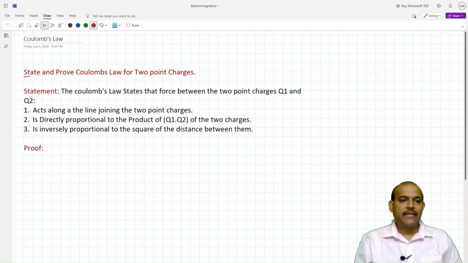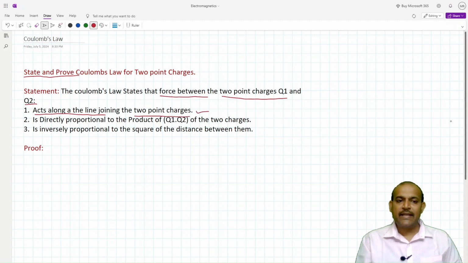First we are going to state and prove Coulomb's law for two point charges. If you consider any two point charges, Q1 and Q2, then the force between them acts along the line joining the two charges.